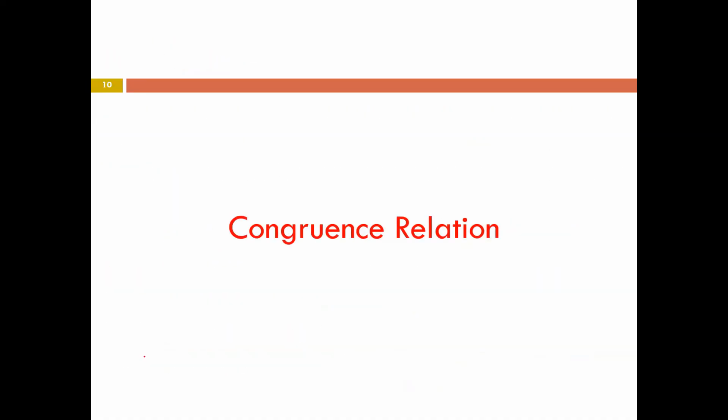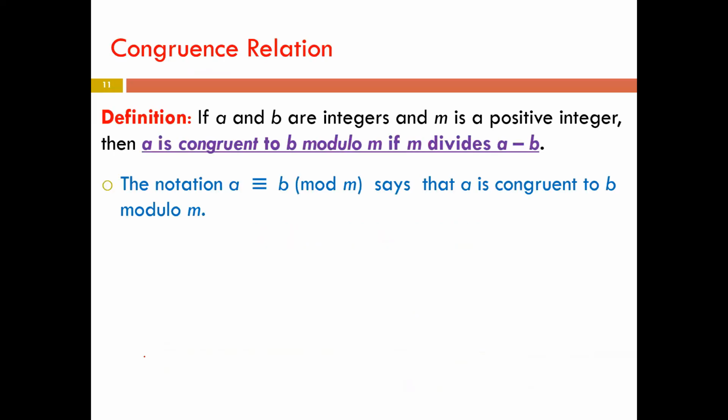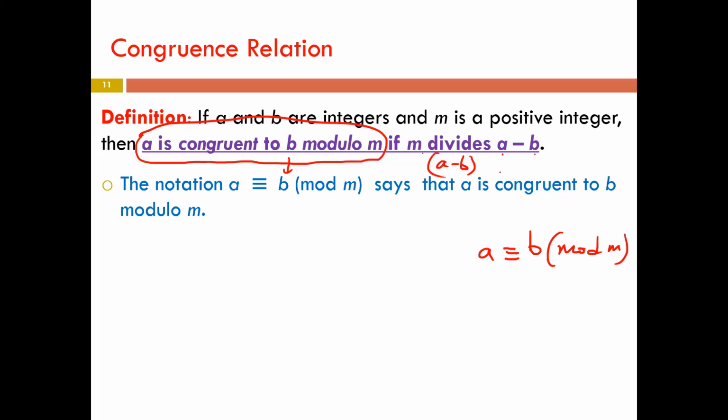Now, a congruence relation. What's the congruence relation? If A and B are integers and M is a positive integer, we say that A is congruent to B modulo M, and we denote it this way: A is congruent to B mod M, if M divides A minus B. That is, if A minus B mod M is 0.